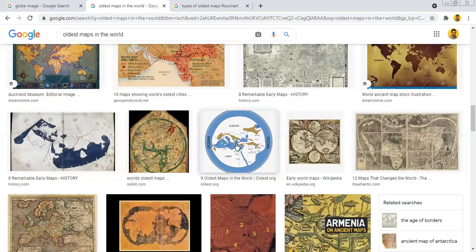Another development in this world map is that they showed three continents: Europe, Africa, and Asia. They did not show the full continents of Europe, Africa, and Asia.